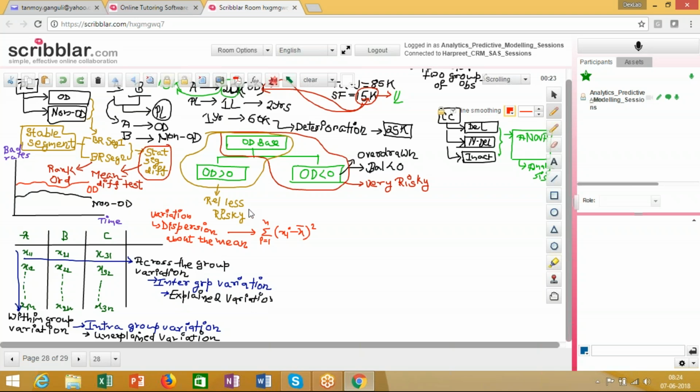We want to compare the variations across the groups and within the groups to get a mean difference. Once I see that the variation across the groups is a very prominent source of variation, and the variation within the groups is not that significant, then I know the ratio is very significant. So I can say that yes, there is a significant dispersion about the mean.